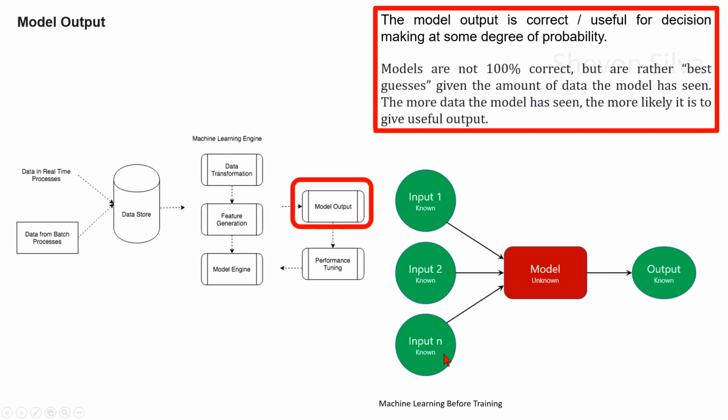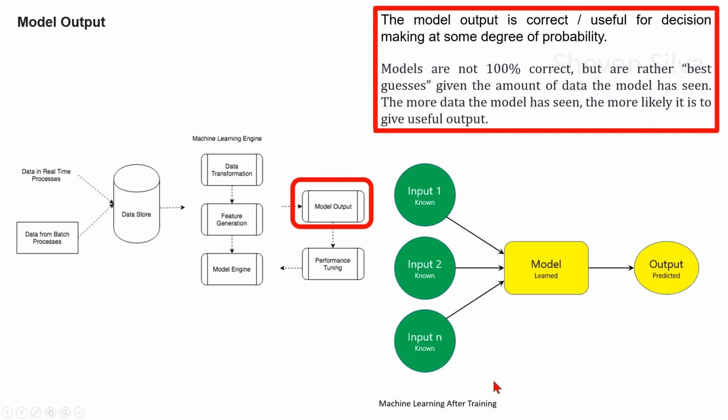Here you can see input, which is known, moving to the model, which is unknown, and the model is connected to the output, which is known. This is machine learning after training. After the machine learning model is trained, we now have a model to determine output, but there is some level of uncertainty in the predicted output.